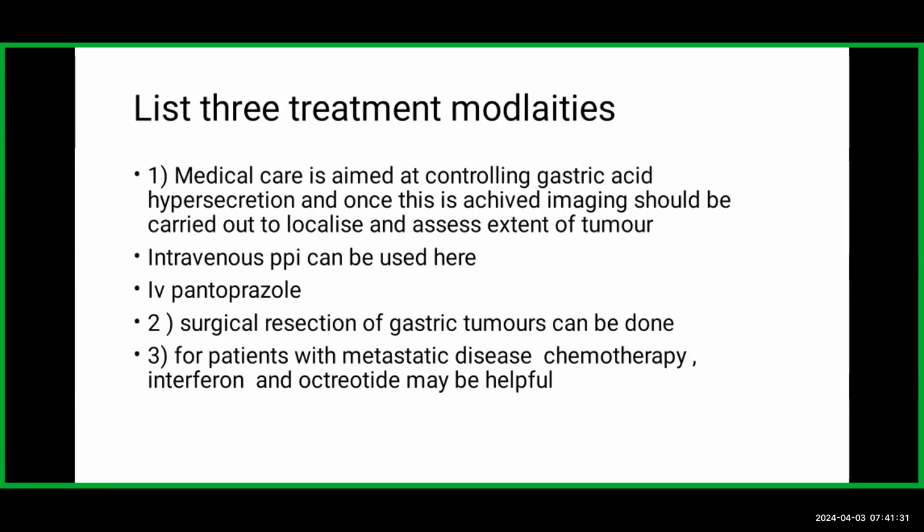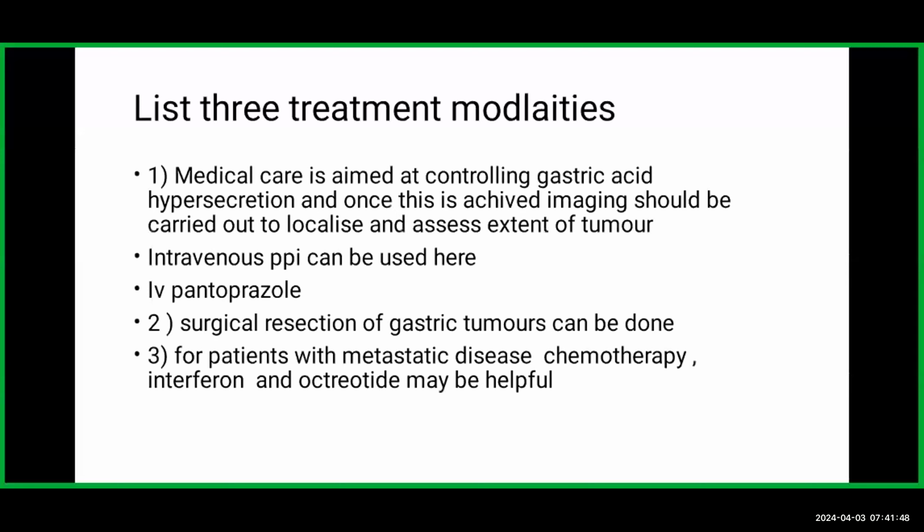There's also room for surgical resection of gastric tumors. And then for patients with metastatic disease, chemotherapy, interferon, and octreotide may be helpful. Then for the patient that had an endoscopy, to improve the sensitivity of endoscopy, we could combine the endoscopy with endoscopic ultrasonography.